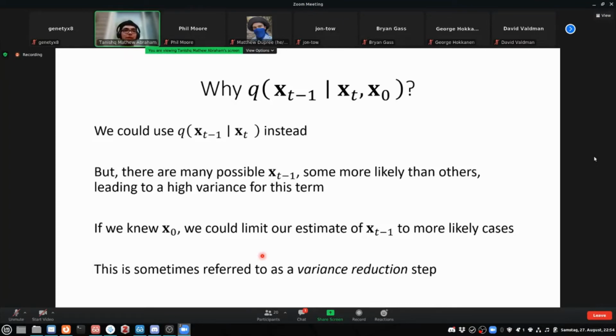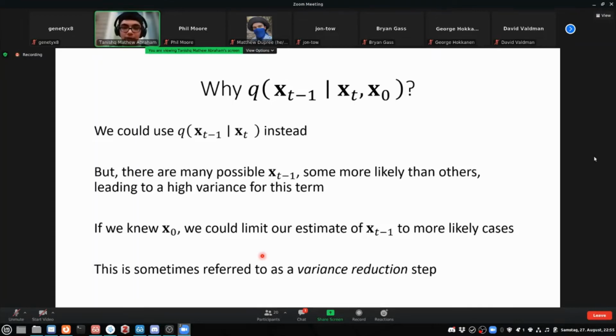In the forward process we diffuse from the original image all the way to a noisy image, but we actually want the distribution of x_{t-1}, and we look at the following step to see where it's going.